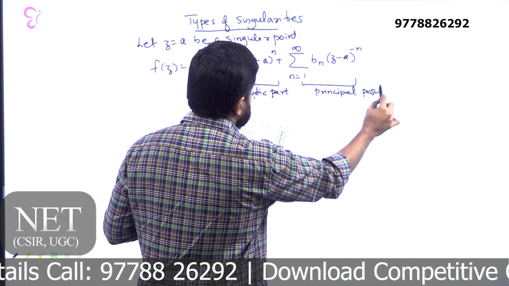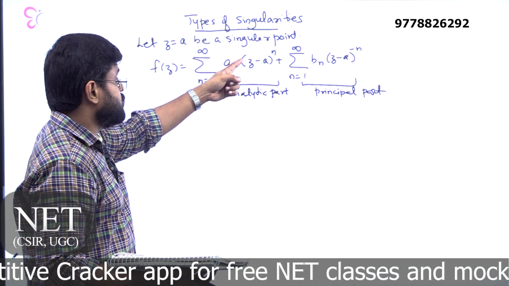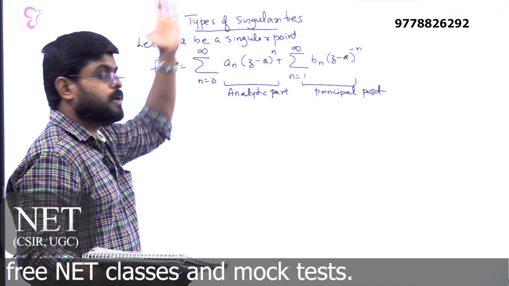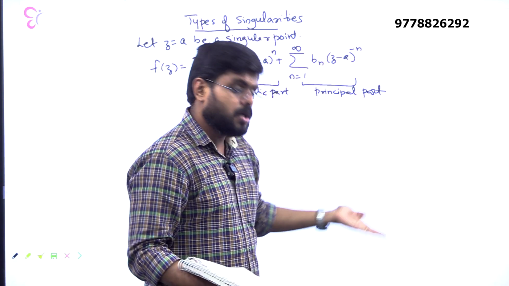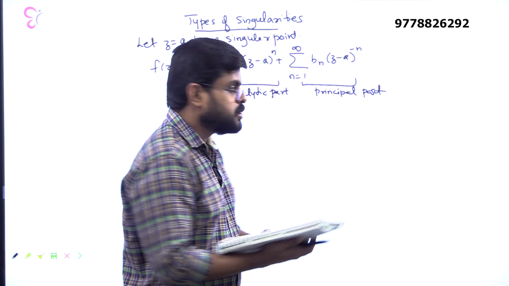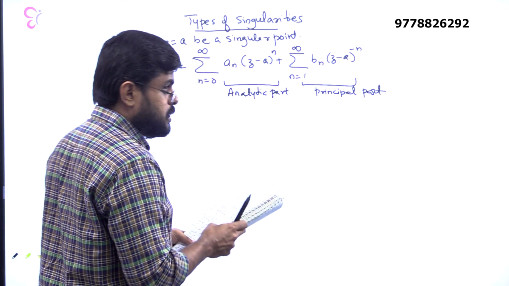In the analytic part, the powers of z will be in the numerator, and the principal part means the powers of z will be in the denominator. Clear? So let us discuss the singularities.